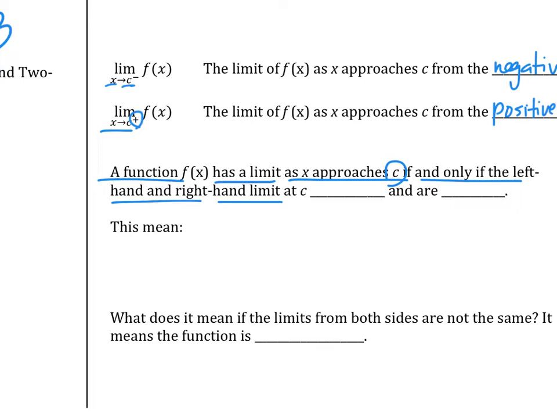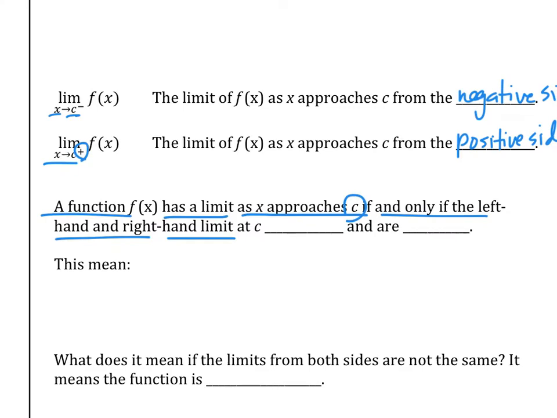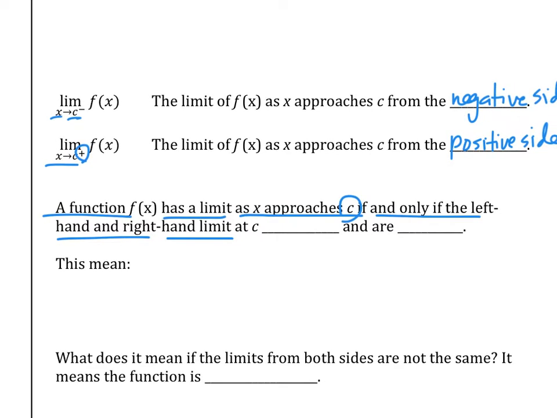So a function f of x has a limit as x approaches c if and only if the left hand and right hand side limits at c, first, exist and, second, are equal.